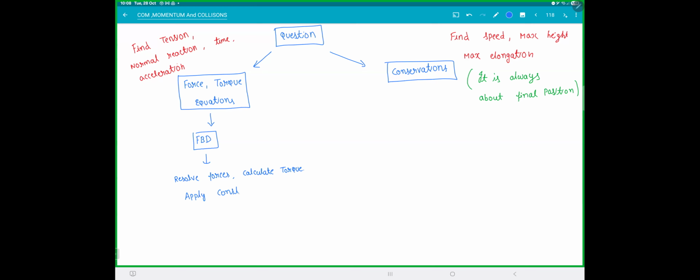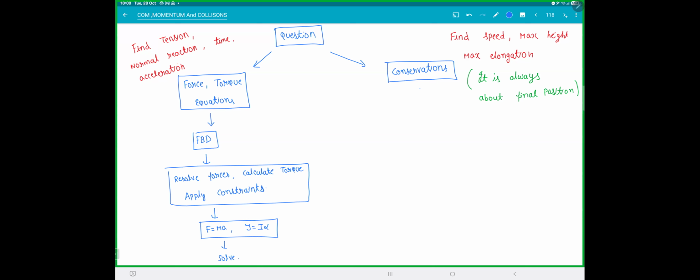It becomes your regular kind of NLM. Once you have all those equations, we apply either F = ma, or for torque, we apply something called torque = I alpha. And then we solve.